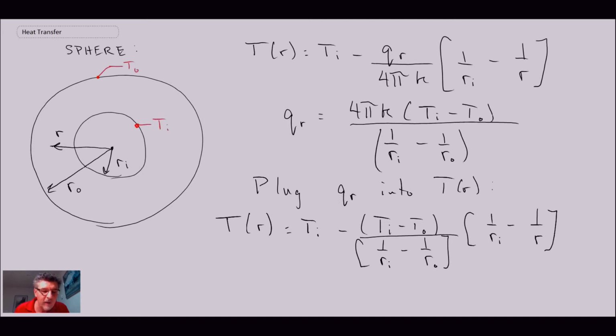The reason I put them all out is because we're going to summarize them in the next segment. We're going to look at the form of them, and it turns out that there is some sort of commonality to all three of the forms that we have here for both the heat flux as well as the temperature distribution. So we'll come up with a shortcut method that enables us to analyze what is going on for heat transfer either through a plane wall, through a cylinder, or a sphere.